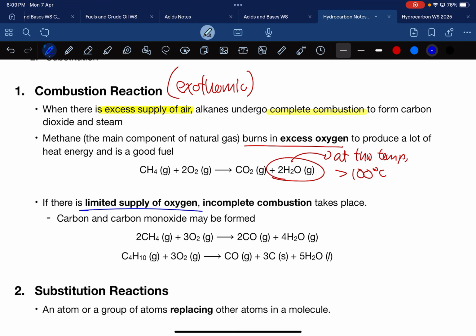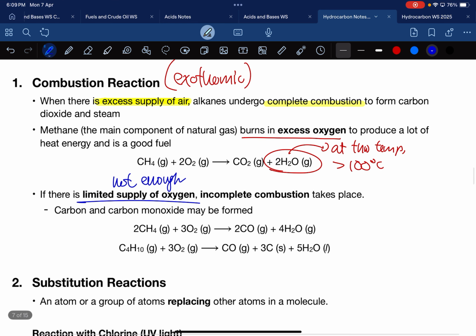If I don't have enough oxygen, what's going to happen? I will generate incomplete combustion. Incomplete combustion gives rise to carbon monoxide, which is a toxic pollutant. You breathe it in, if you breathe in too much, you will die.